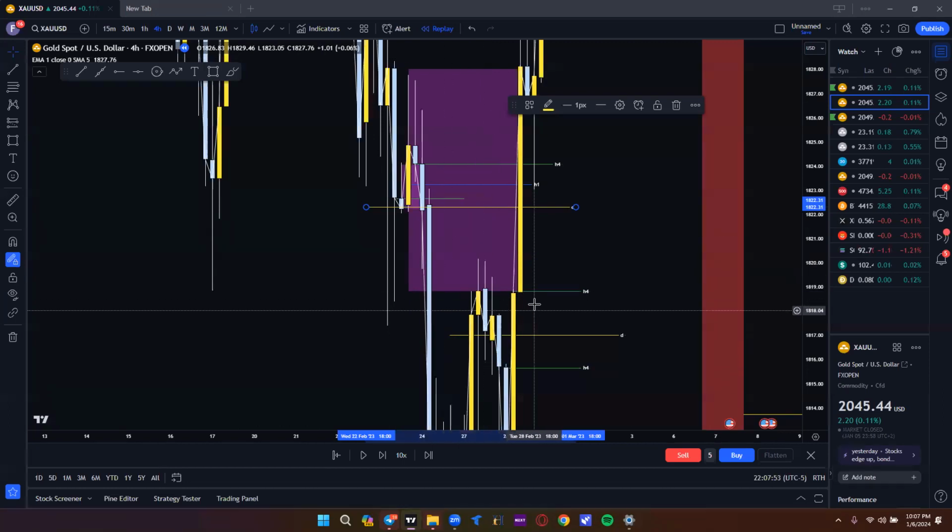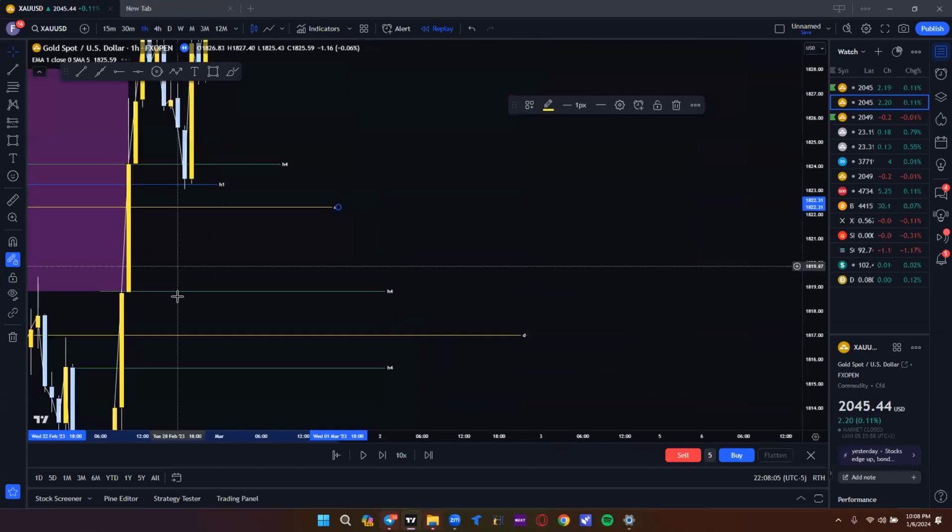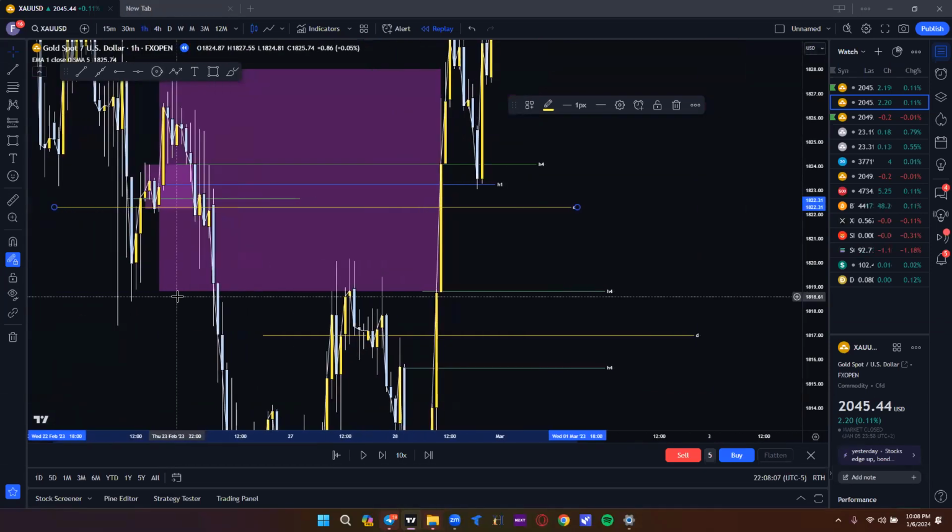I can't say this is why, but from a technical standpoint, this is where it happened. From here it broke this daily, and all I need to find is confluence within this range at the current marketplace. Where can I find a refinement?